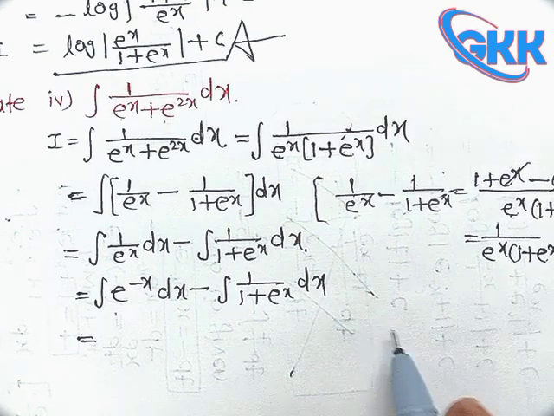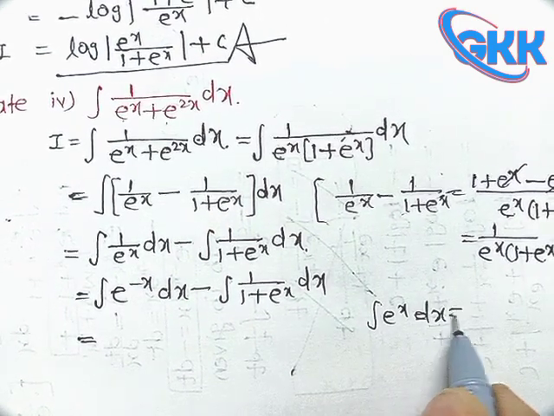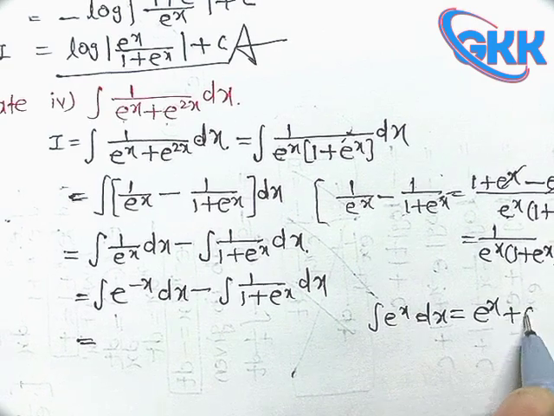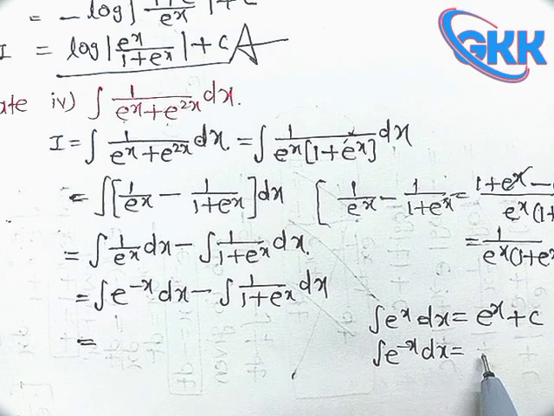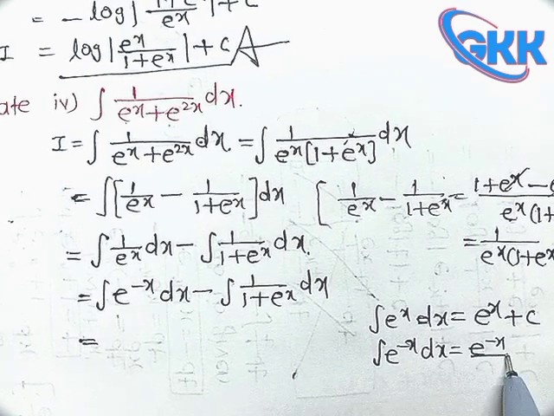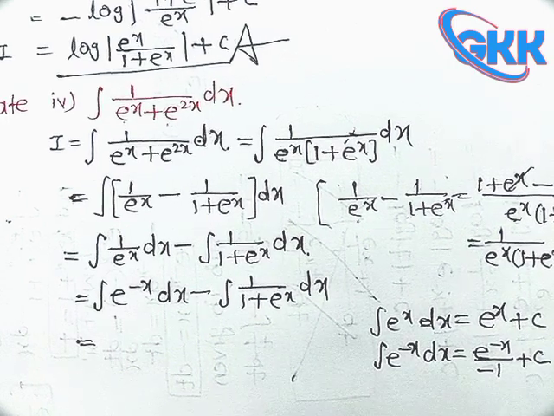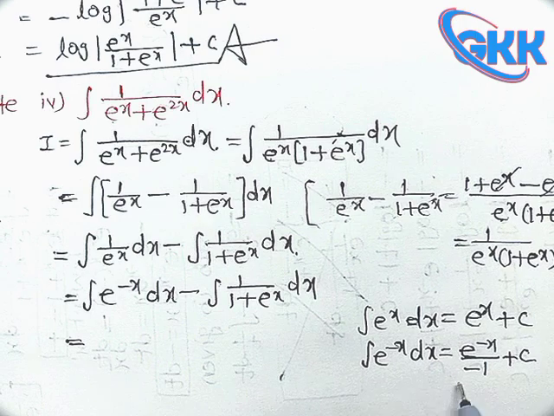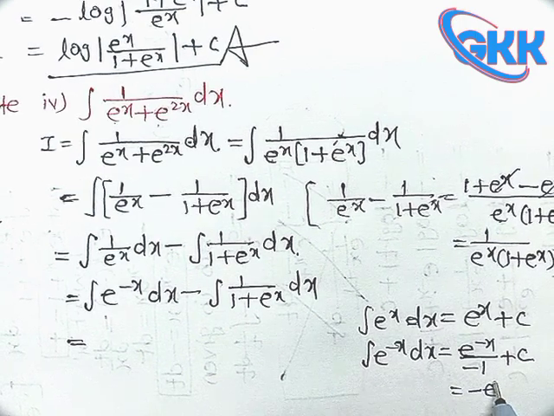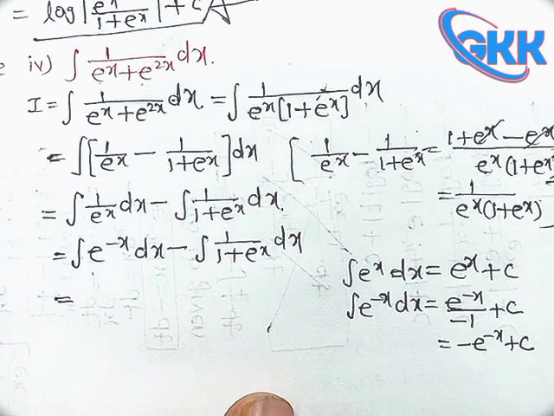Now what is the formula of integral of e power x dx? e power x plus c. Integral of e power minus x dx formula you know. e power minus x, that internal differentiation we are going to divide. In the integration divide, in the differentiation multiplication. Do you remember, sir? So here minus e power minus x plus c. Clear?